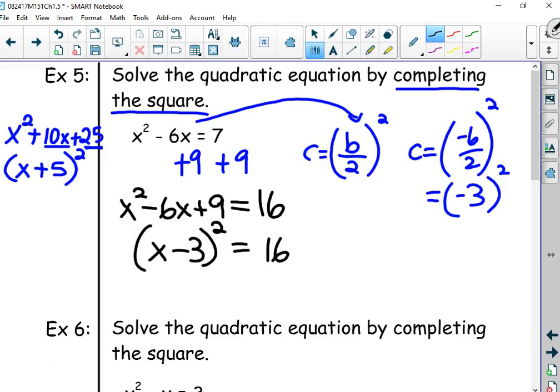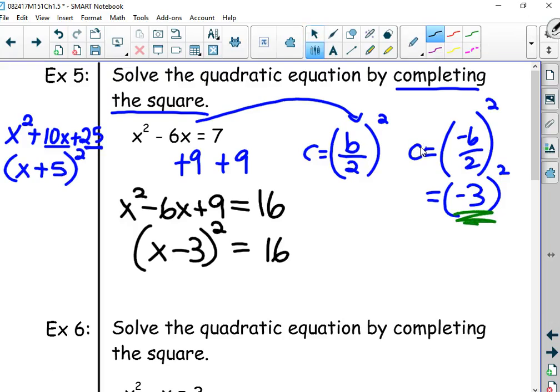Which means that when we factor, notice that we are writing it as a binomial, and the -3 that goes in the binomial is the same as what's inside our formula before we square.